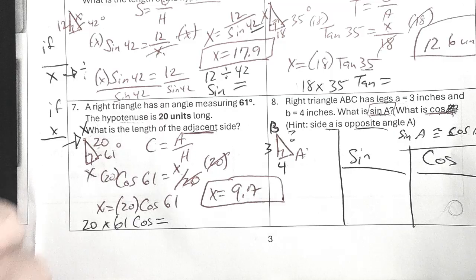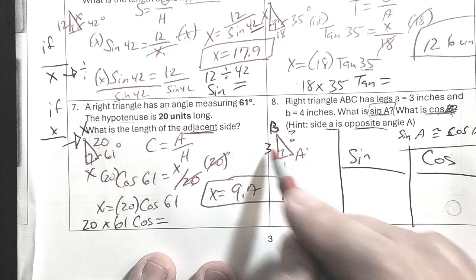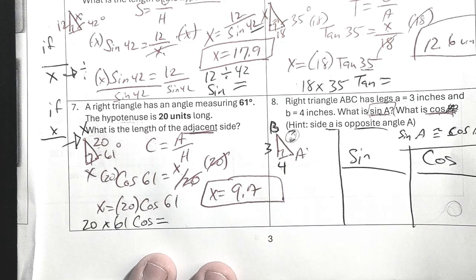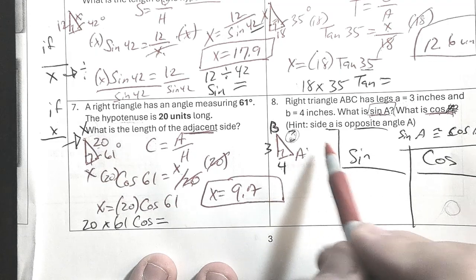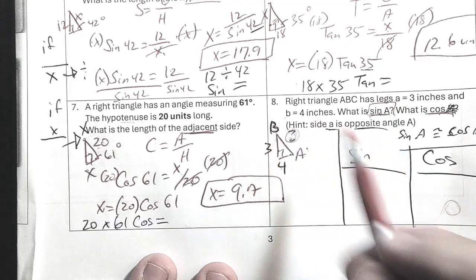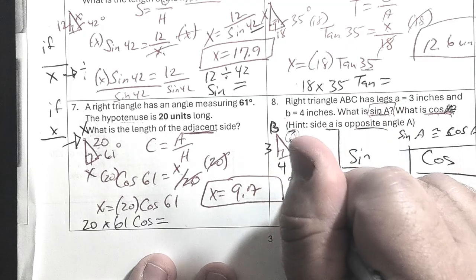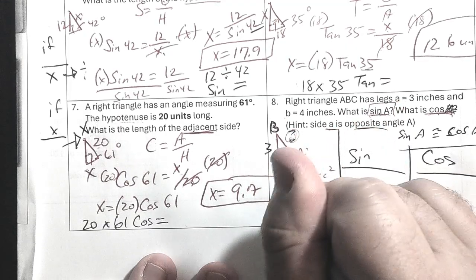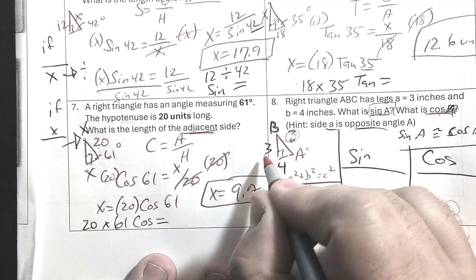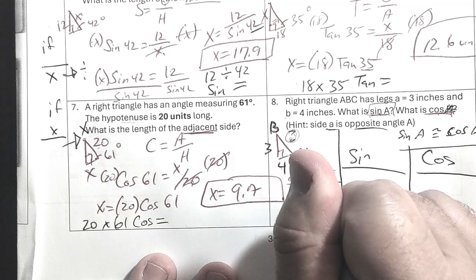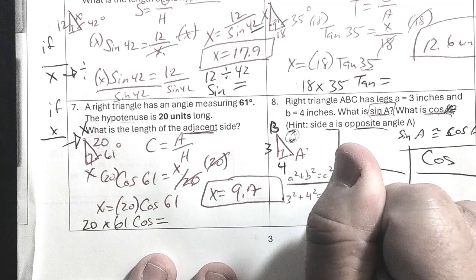But if you weren't, how else do we find another side of the triangle without using trig or special right triangle? Hopefully you already know because they talk about it. Side A, side B. So A squared plus B squared equals C squared, Pythagorean theorem. So for here, it's 3 squared plus 4 squared equals our C squared.